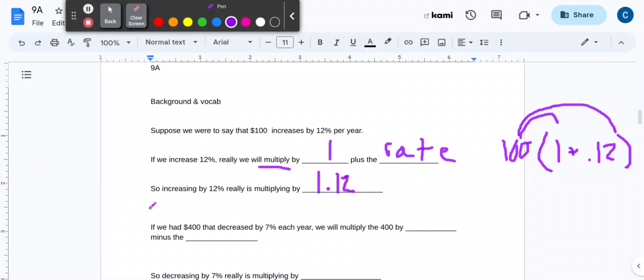All right. Now let's talk about decreasing. Let's say we had $400 that decreased by 7% each year. If we're decreasing by a certain rate, we're going to multiply by 1 minus the rate. So we have our 400, and we multiply by 1 minus the rate. The rate is 7%, which is 0.07.